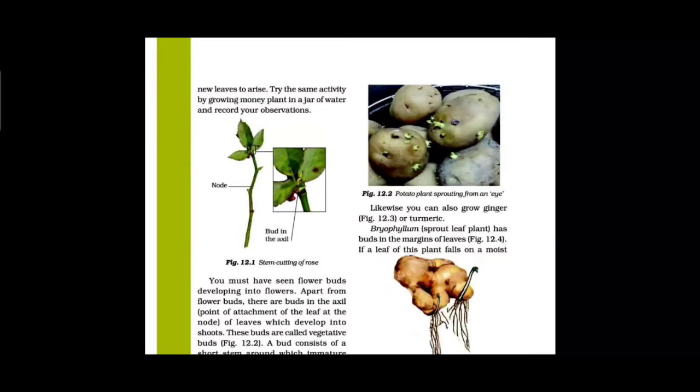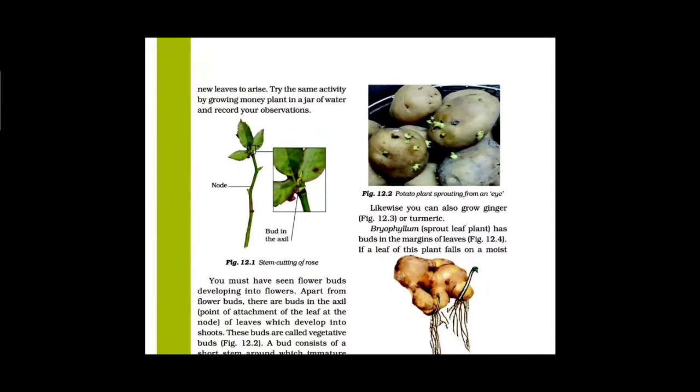What happened? Some more days after, leaves arise from the node of the plant, right? Water the cutting every day and observe the growth. See the picture. New leaves are arising from the node, right?